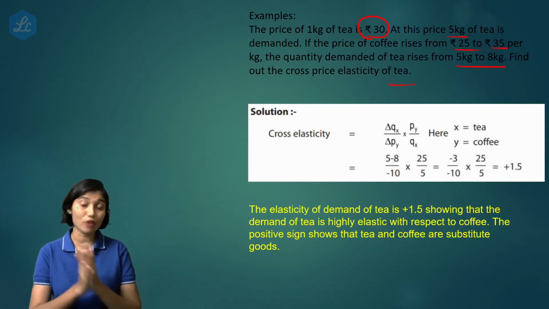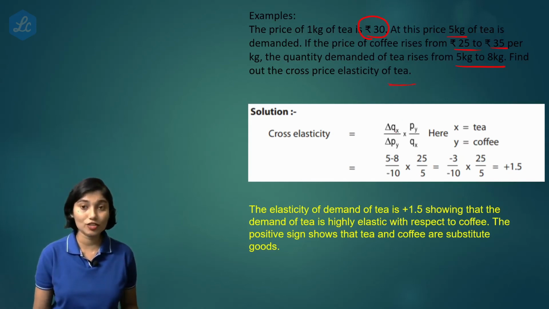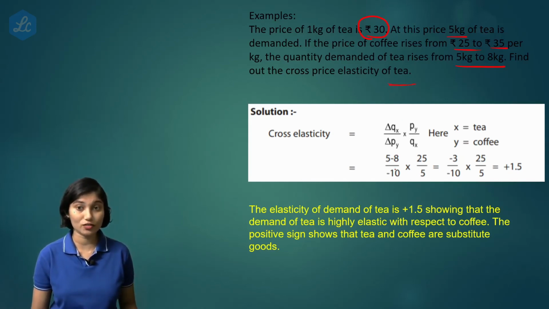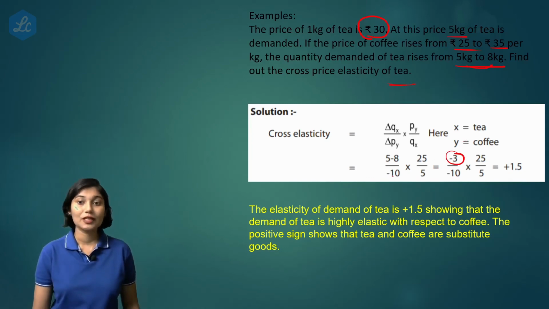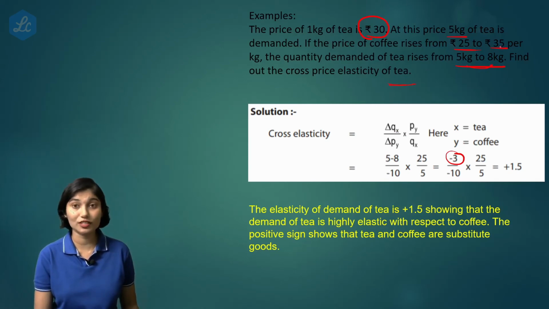So, using the formula, you know that change in quantity of x divided by change in price of y. So, what is the change in quantity of x? 5 to 8, right? So, that is negative 3, right? 5 minus 8, negative 3. Then, what is happening to the change in price? 25 to 35. 25 minus 35, negative 10.